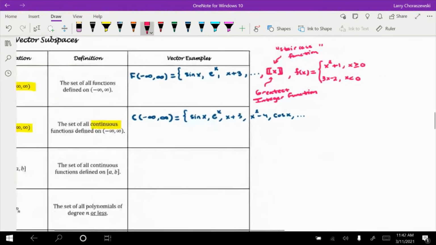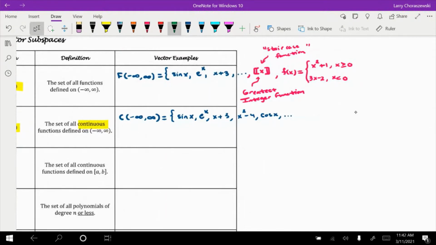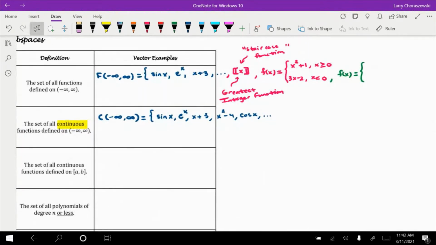And then one more that I want to include in here, and this is for you guys to look up when you get some time. Very, very interesting function. It's defined as a piecewise function, but the rules that it consists of are just two numbers, two values. One rule is use the number 1, whereas the other rule is use the number 0.